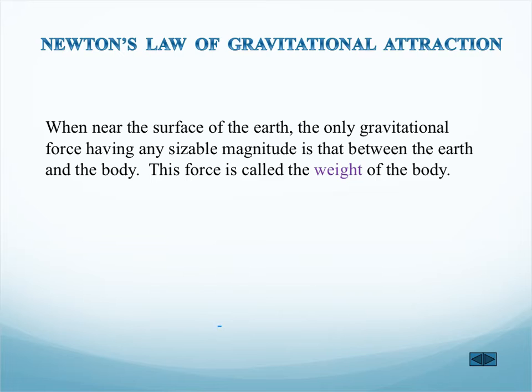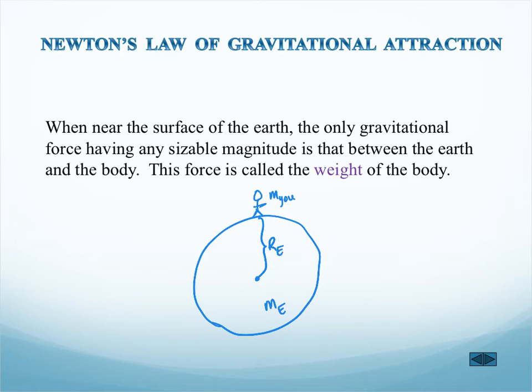Now, if you think about it, this force of gravity helps to explain for us the force of weight. So here's you, and here's the Earth, and this is the distance, the radius of the Earth.